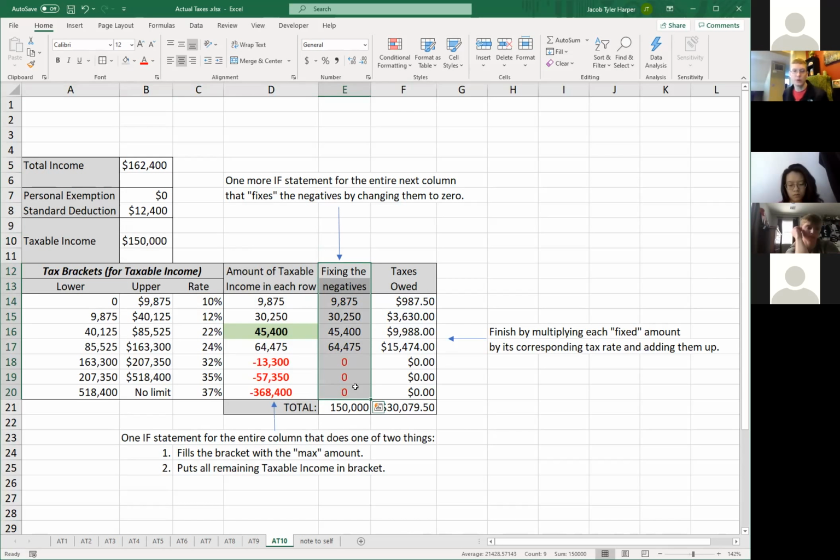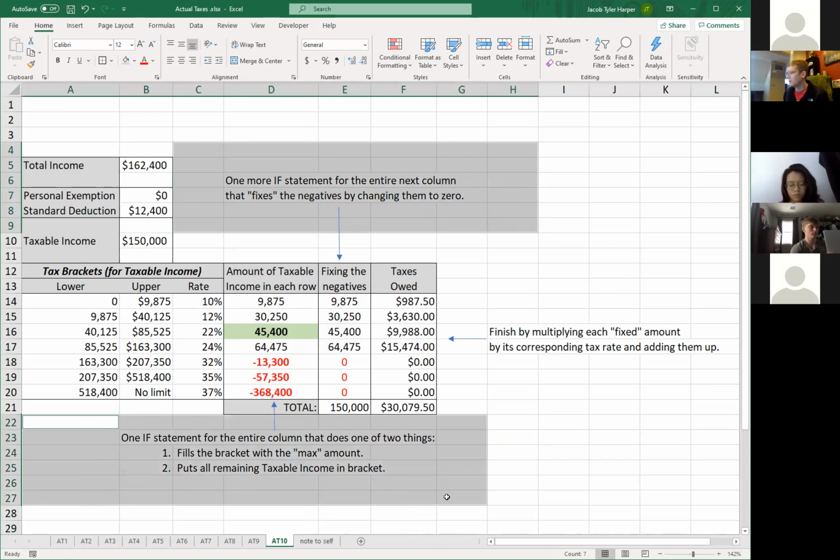That's how we're going to deal with that third case. So this is our primary goal today. How do we program this stuff? It's just two if statements, one for this column that you're going to drag down, one for this column that you're going to drag down. And that is my tip of how to get started.